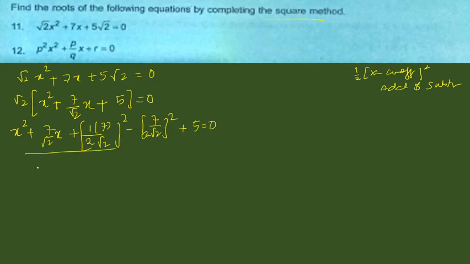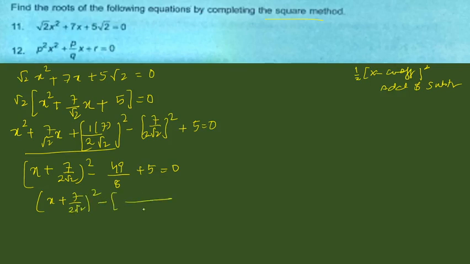So the first three terms will become (x + 7/(2√2))² and the next one will become 49/8, and plus 5 is equal to 0. Now you will be getting (x + 7/(2√2))² minus, take the common LCM 8: 49 minus 8 times 5 is 40.